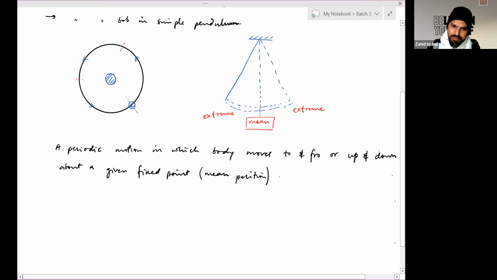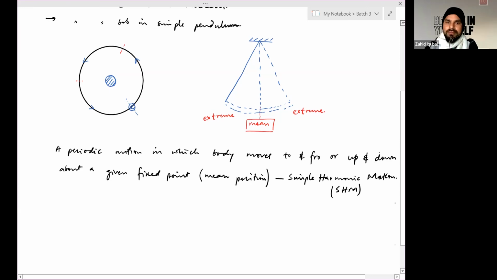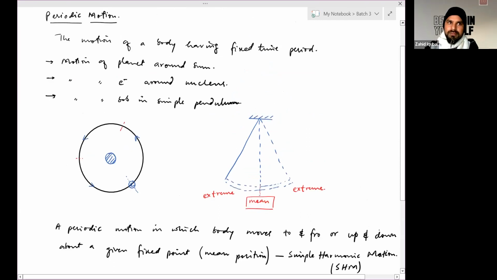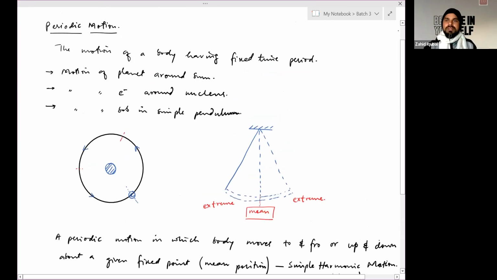This special periodic motion is called simple harmonic motion, or simply SHM. Okay, just write it down.